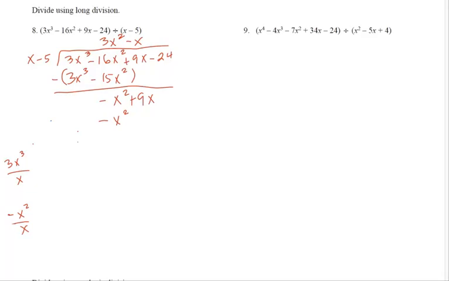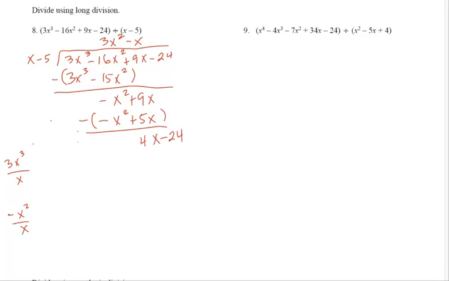So negative 1x times negative 5 makes positive 5x. Subtract. The x squares cancel. And this is 9 minus 5. The 5 here on the inside of the parentheses is positive, but we're subtracting. So 9 minus 5 is 4x. Bring down the next term.